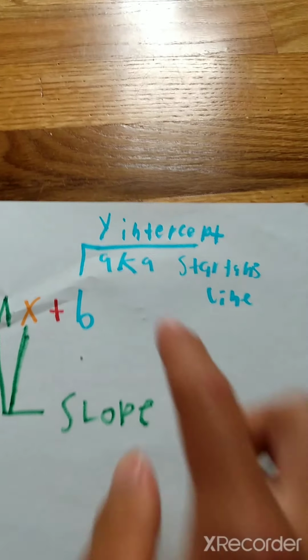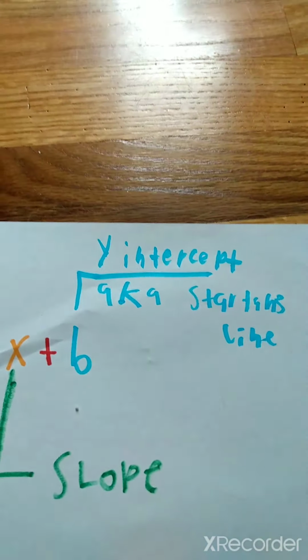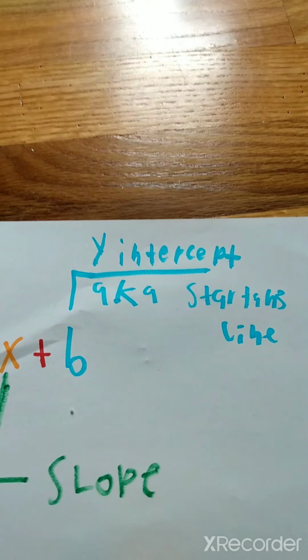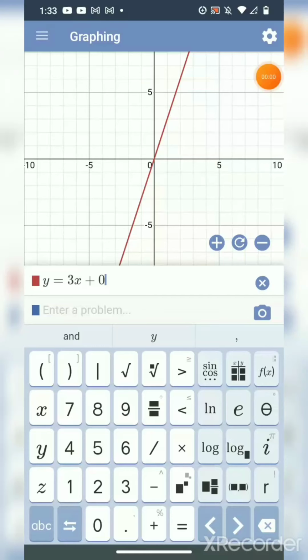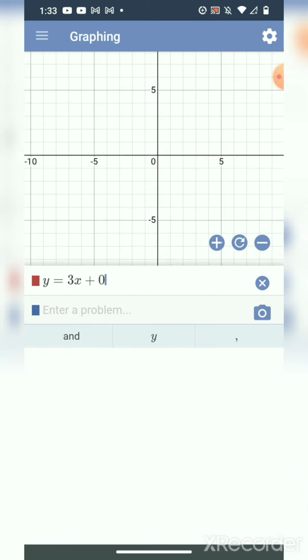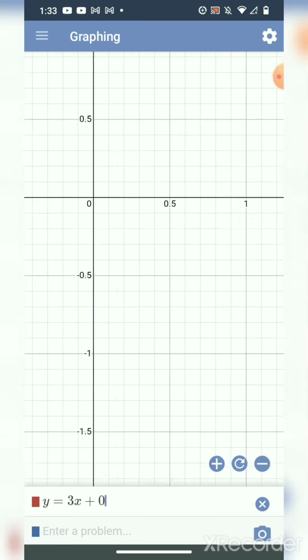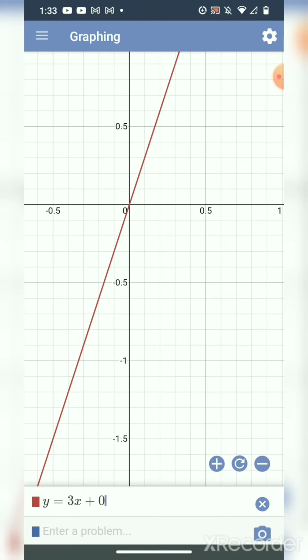But why is it called the y-intercept? Because if you take a look at a graph, on this graph, the line strikes through the y-axis. And right now, it starts at 0. So the starting line is 0 on the y-axis.